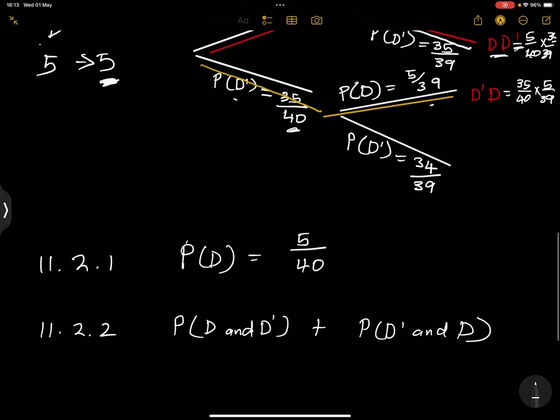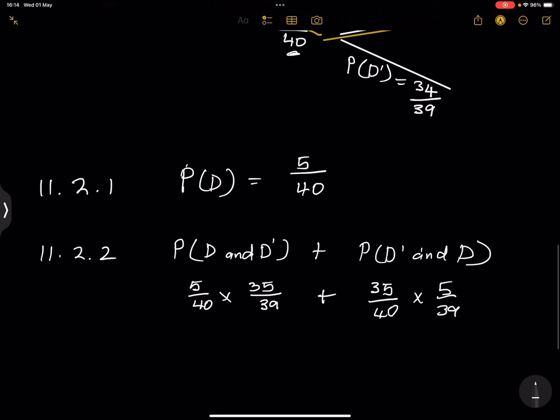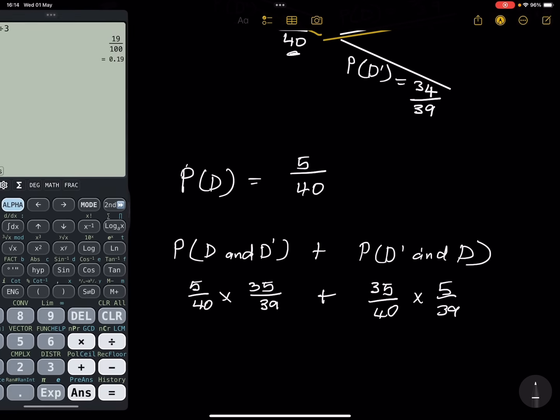Right, so this would be, we said, the first one, that's 5 over 40 multiplied by 35 over 39 plus, in this case I've got 35 over 40 multiplied by 5 over 39. I hope that makes sense, guys. That is how I would get that total. Of course, you can multiply them and get us the total answer.